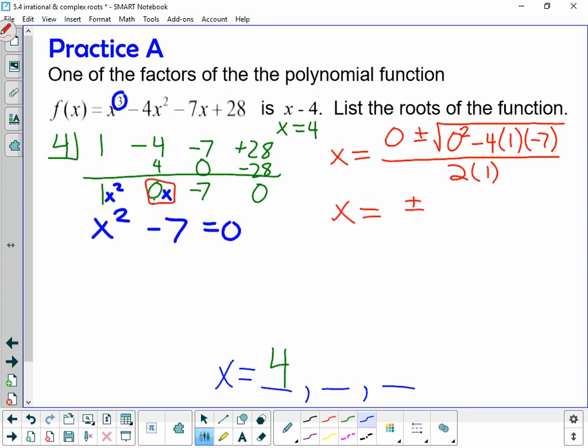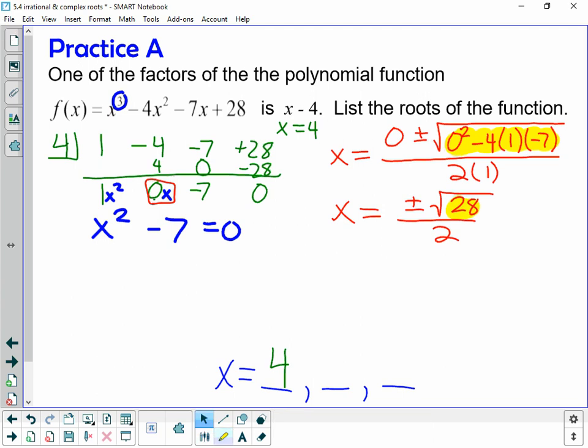Well, we don't really need that 0 there. And it looks like our radical is going to be root 28. And again, you can just get that from your calculator by not typing in the root, but just typing in the inside of the root to get that 28.